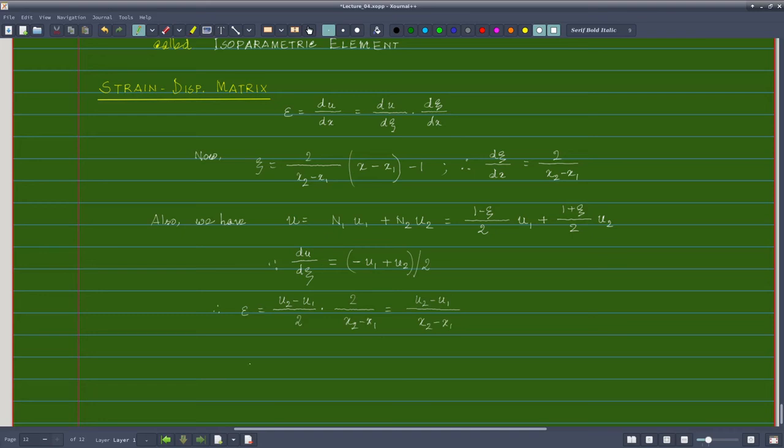And this I will write, in matrix notation, as 1 upon x2 minus x1 into minus 1, 1 into the nodal displacement vector u1, u2.